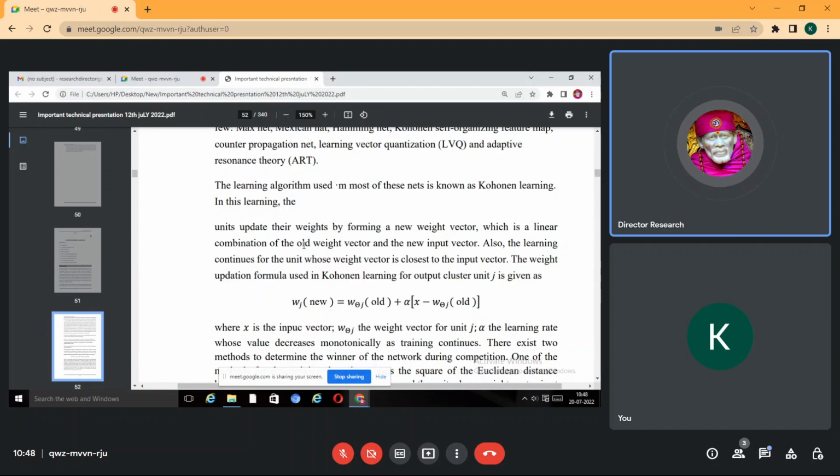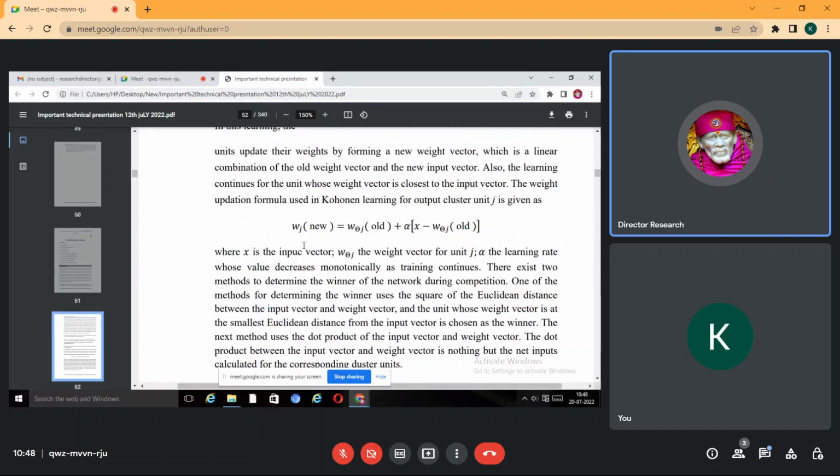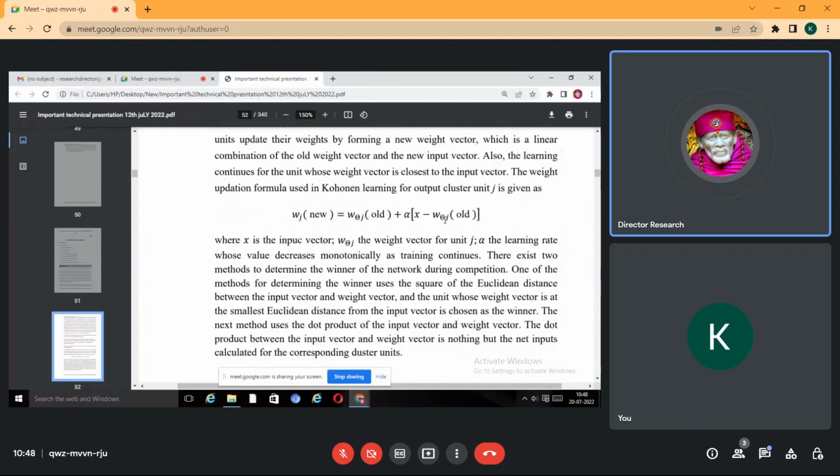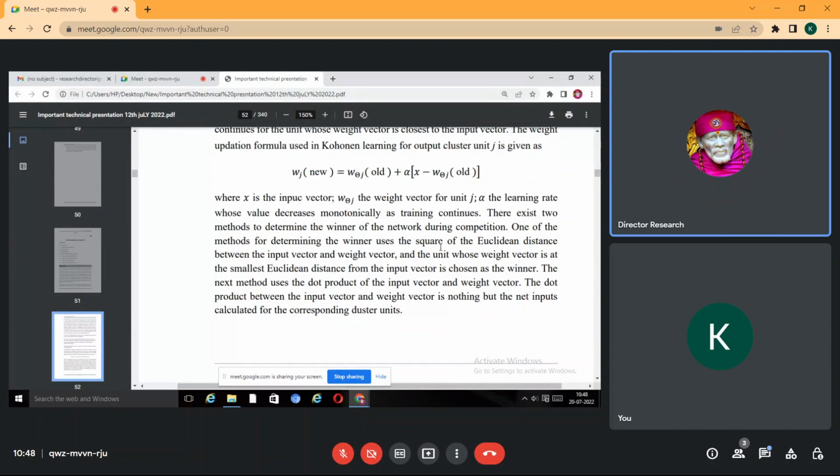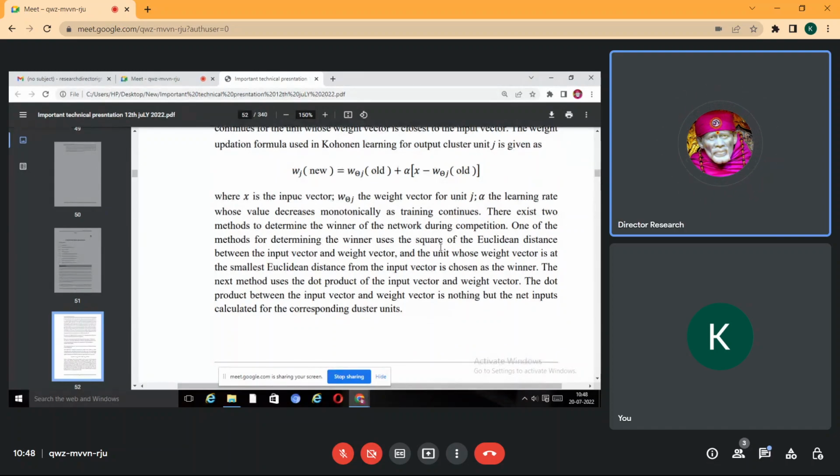The weight update formula in competitive learning for output unit j: Wj(new) = Wj(old) + alpha (x - Wj(old)), where x is the input vector, Wj is the weight vector for unit j, and alpha is the learning rate whose value decreases monotonically as training continues.